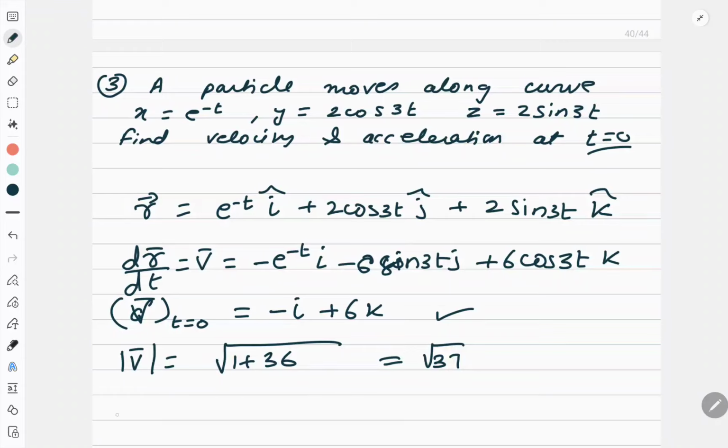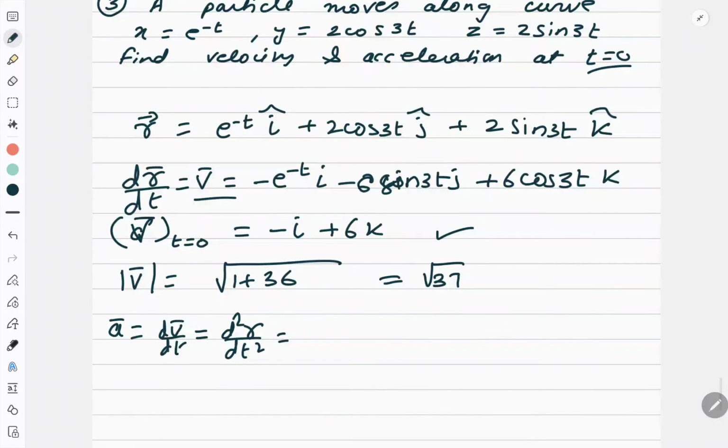Okay. Now let's do the acceleration. So acceleration is dv by dt or d2r by dt square. So again differentiate this. So this will become e to the power minus t i minus 18 cos 3t j minus 18 sin 3t k.